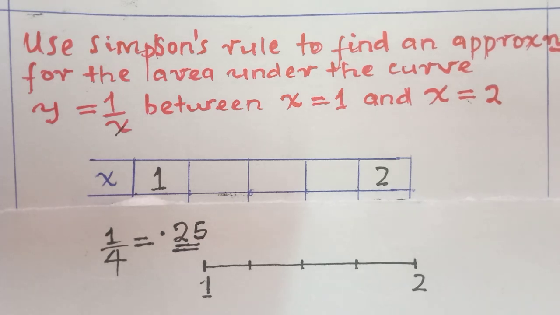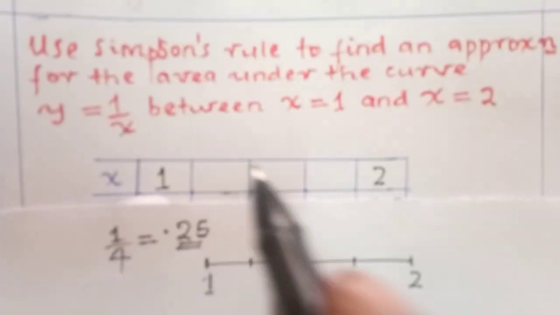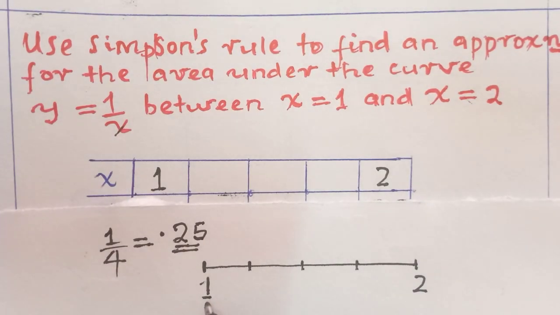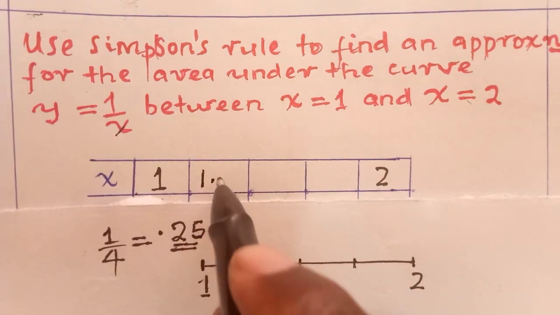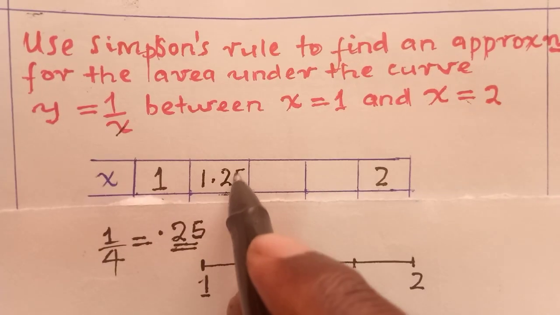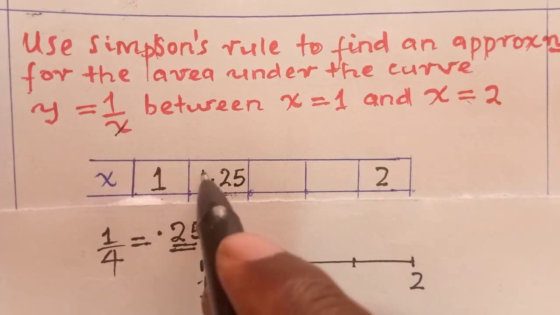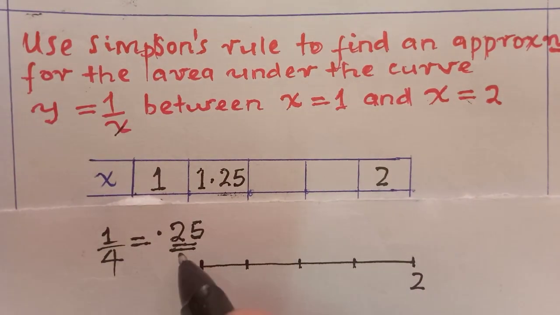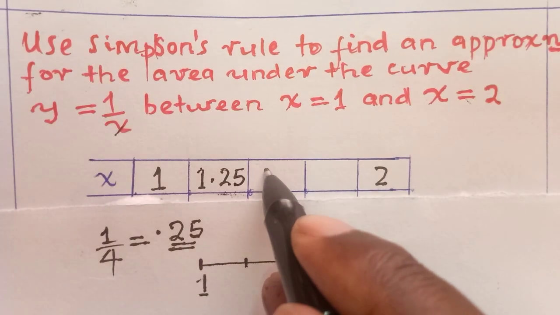Those intervals will be: the first is 1 plus 0.25, which gives us 1.25. The second, 1.25 plus 0.25, gives us 1.5.